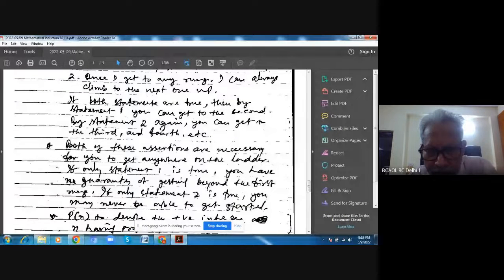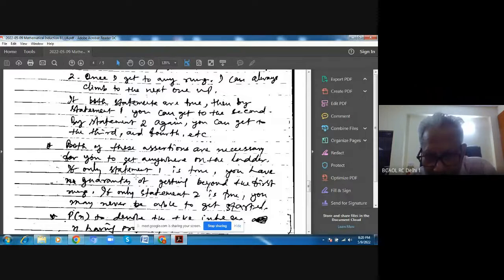Both of these assertions, both of the conditions you are believing, are necessary for you to get anywhere on the ladder, because the ladder may be 4 steps, 5 steps, 6 steps, whatever it is. You are considering the assertion that both the things are necessary.